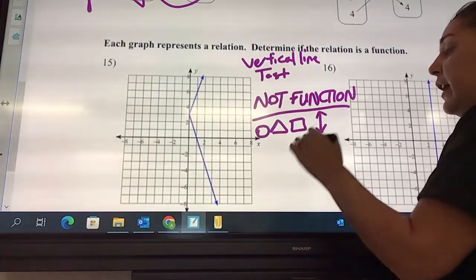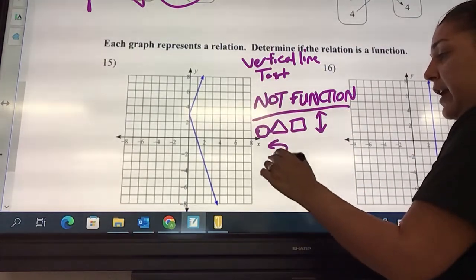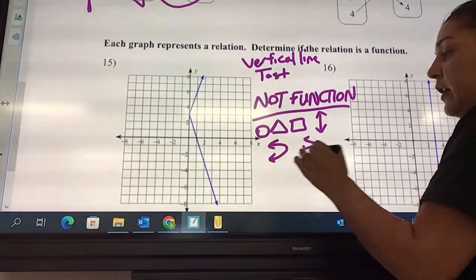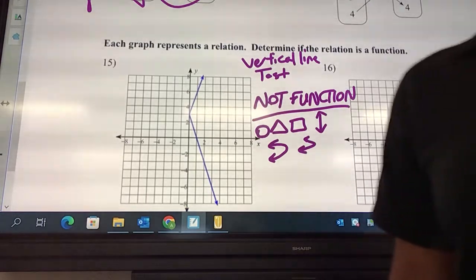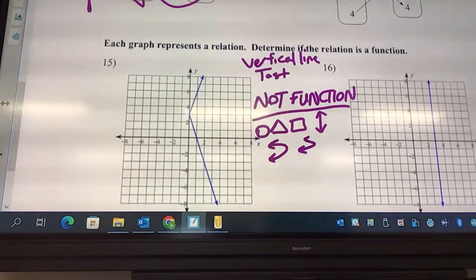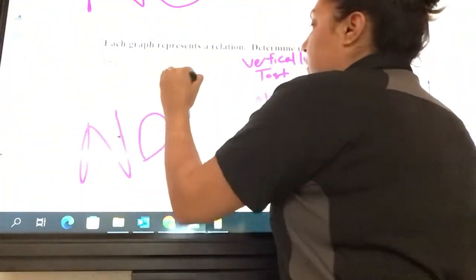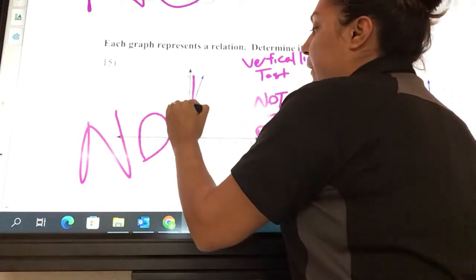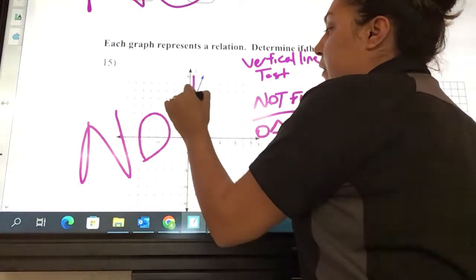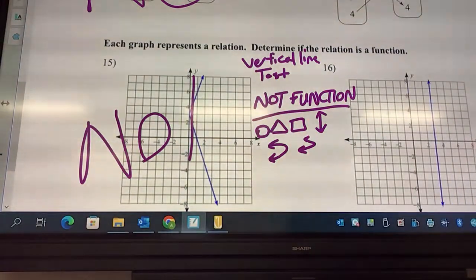A straight line, something that's curved like that, or an arrow over, none of those are gonna work. So that means this is not a function. Is this one a function? No. Really you can look right here and see if this line is straight down, it touches both blue points at the same time. Okay.